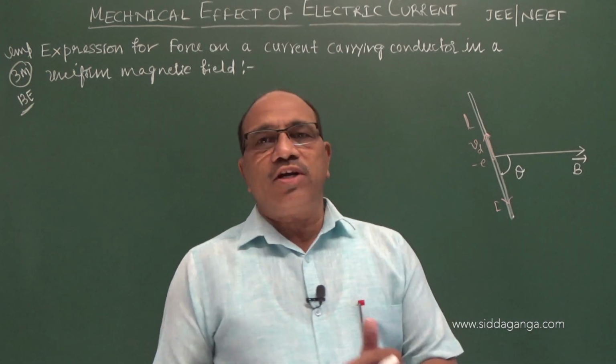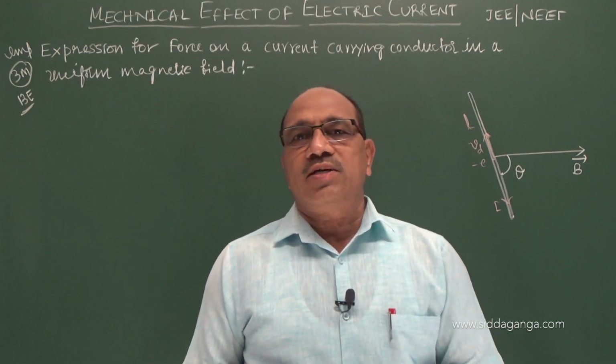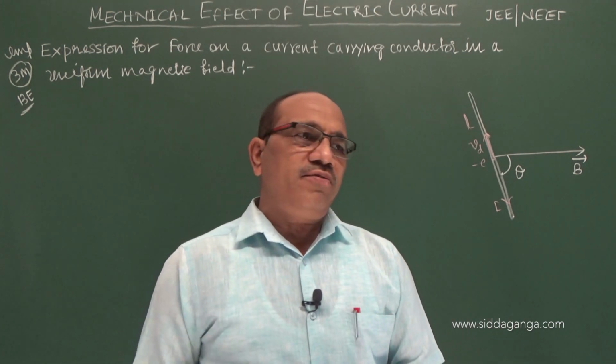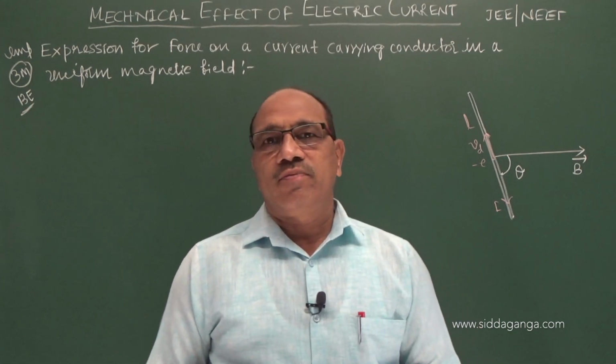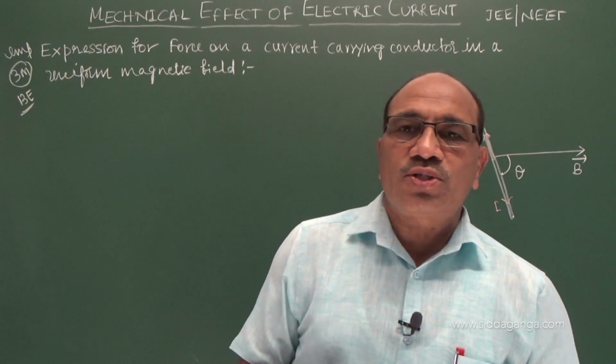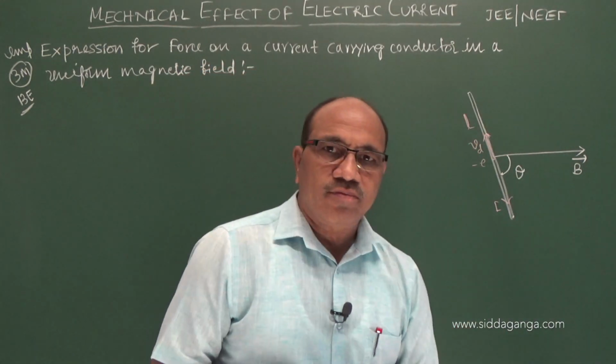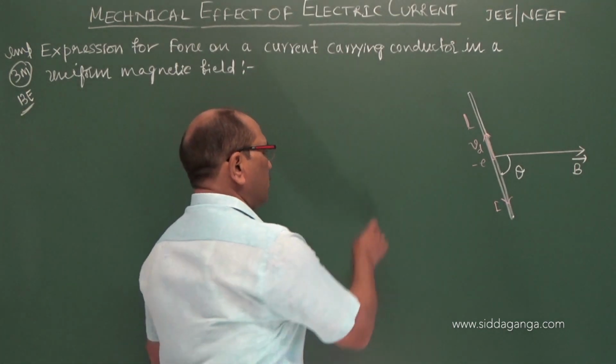And then how this galvanometer is converted into a current measuring device as an ammeter and a potential drop measuring device as a voltmeter. So let us begin with the expression for the force on a current carrying conductor placed in a magnetic field.